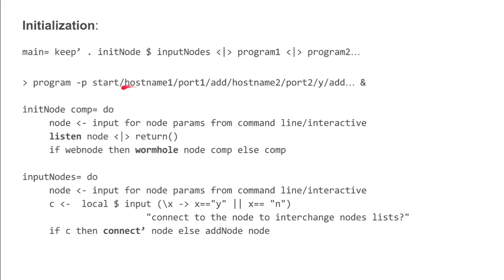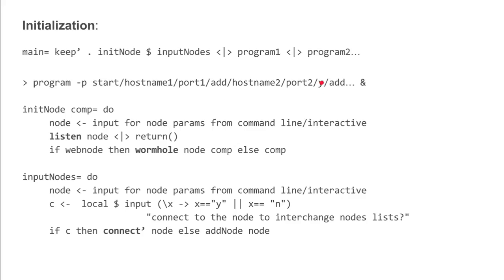After it's initialized, input nodes reads this because it's next in the input. Add this means connect to this node, or better said, add this node to the node list. What tells whether this has to be connected or not is this flag.